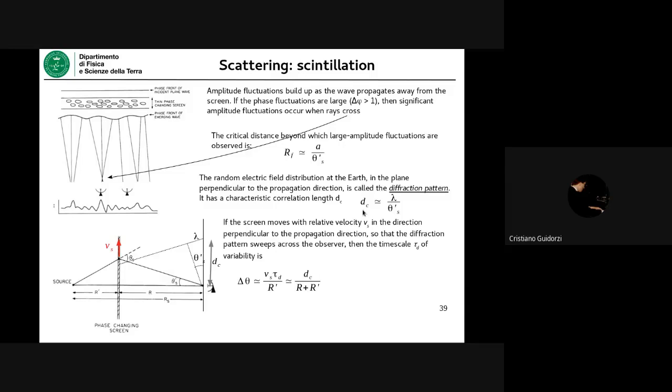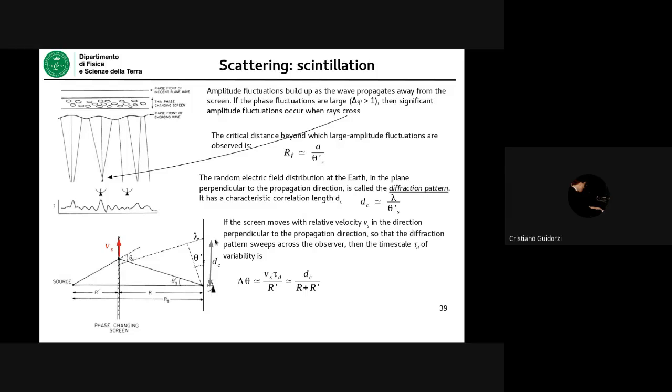Because only when the displacement in the position of this ray due to the motion of the blob is comparable with the correlation length will my detector be sensitive enough to measure a significant fluctuation in the flux. It is for the very same reason I told you before when I was defining the correlation length. If you move your detector by a small quantity, small compared with the correlation length, you will see a negligible, very small flux variation.